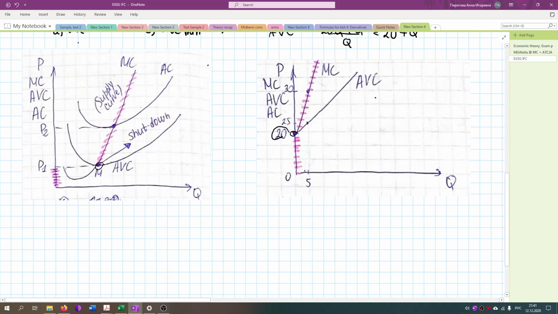So if our price is equal to 20, we will not produce anything.